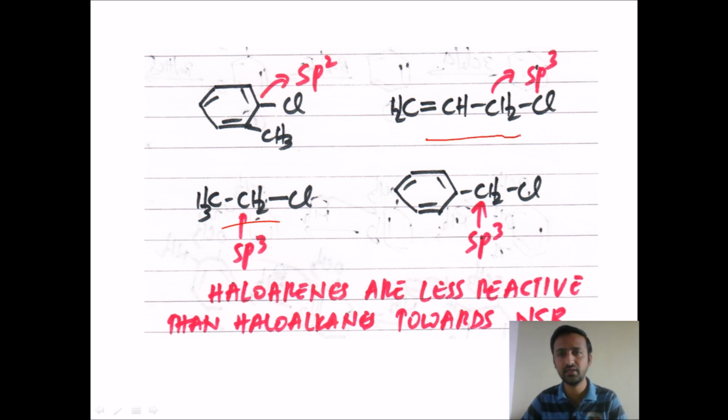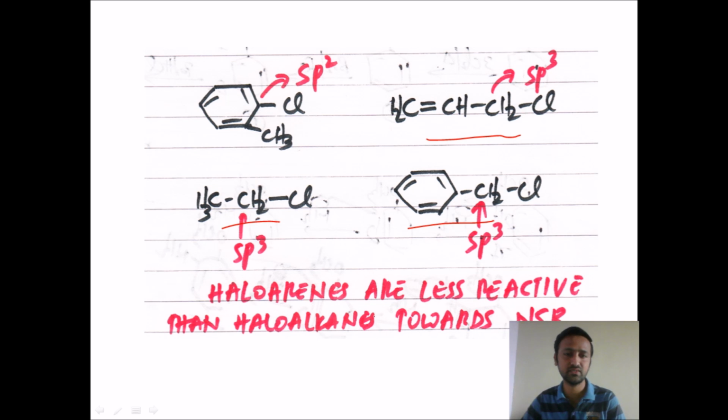In allylic chloride, chlorine is attached to an sp3 carbon next to the carbon-carbon double bond. And in benzylic chloride, chlorine is attached to an sp3 carbon next to the benzene ring.